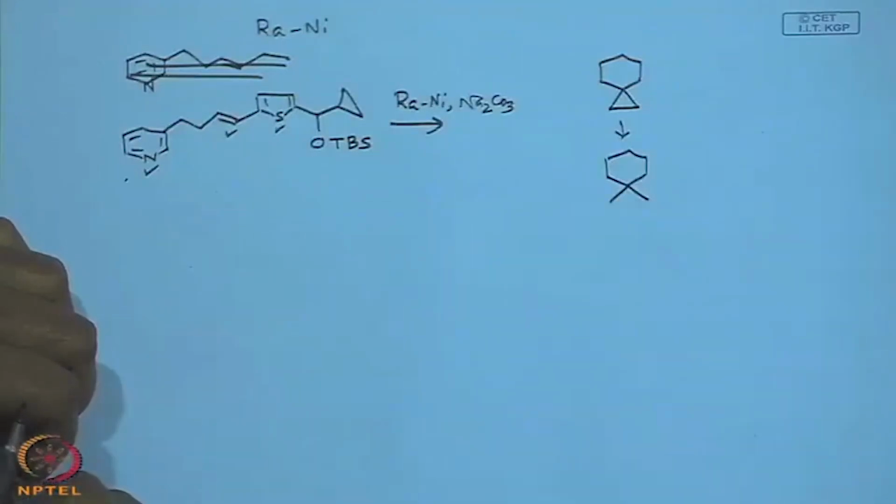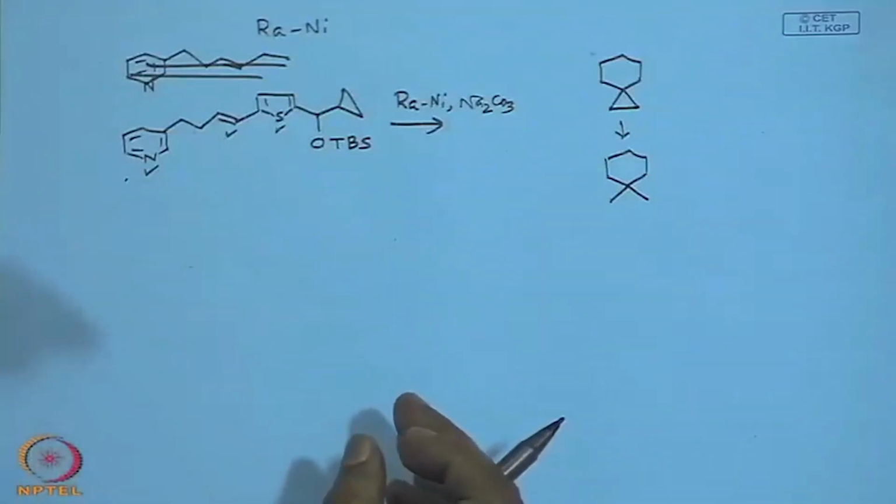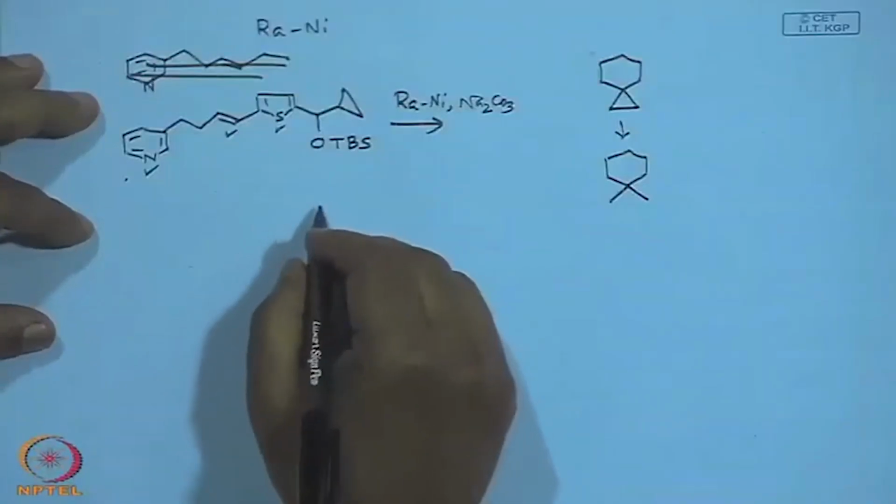Gem dimethyl group, which is a typical structural feature of all the terpenoids. That means cyclopropane, and from BSc we have been learning that cyclopropane behaves like a double bond. Most of its characters are like double bonds. So, we have all different kinds, but the product you will get is this.